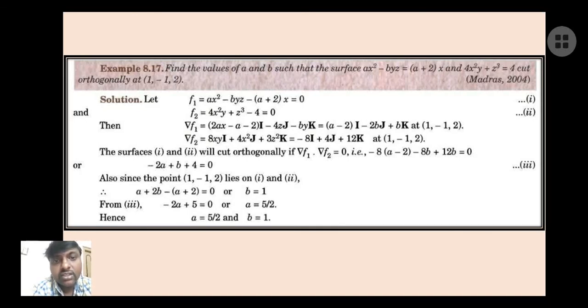Whenever the angle between the two surfaces is 90, the angle between the two normals is 90. If the vectors are orthogonal to each other, their dot product is also 0. By using this one, I can calculate a and b.